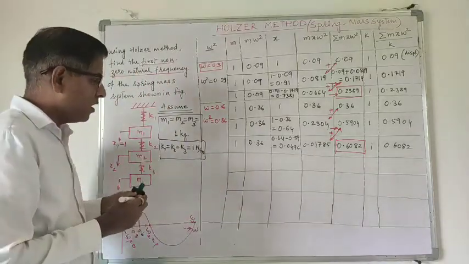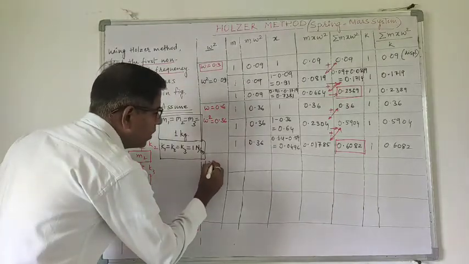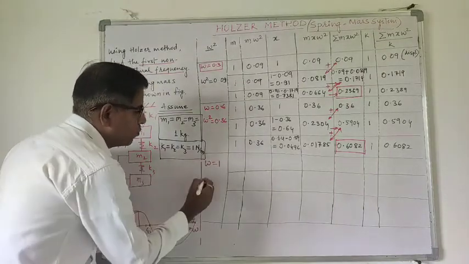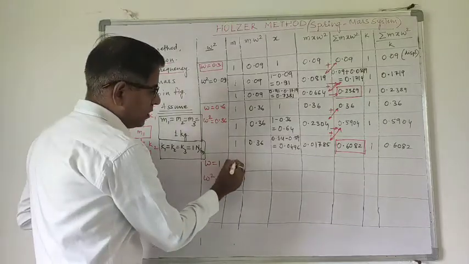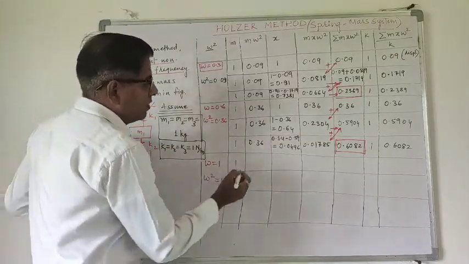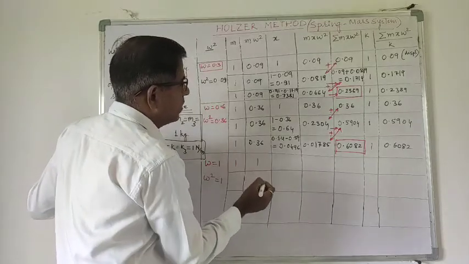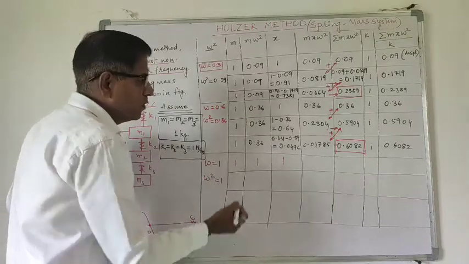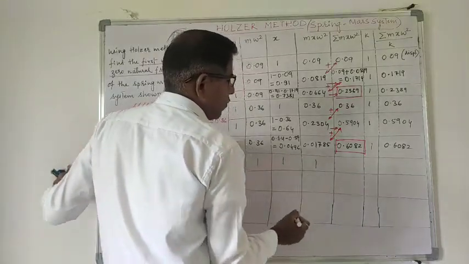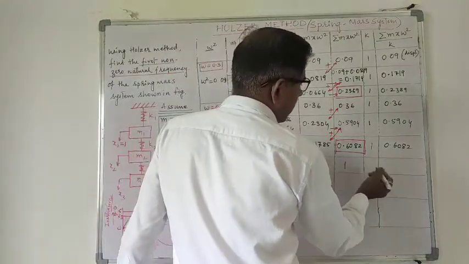Now this time we will assume the omega value as 1. So omega square is equal to 1. Here the mass is 1, so 1 into 1 is 1. The initial displacement we always assume 1, so 1 into 1 is 1. Summation is 1.